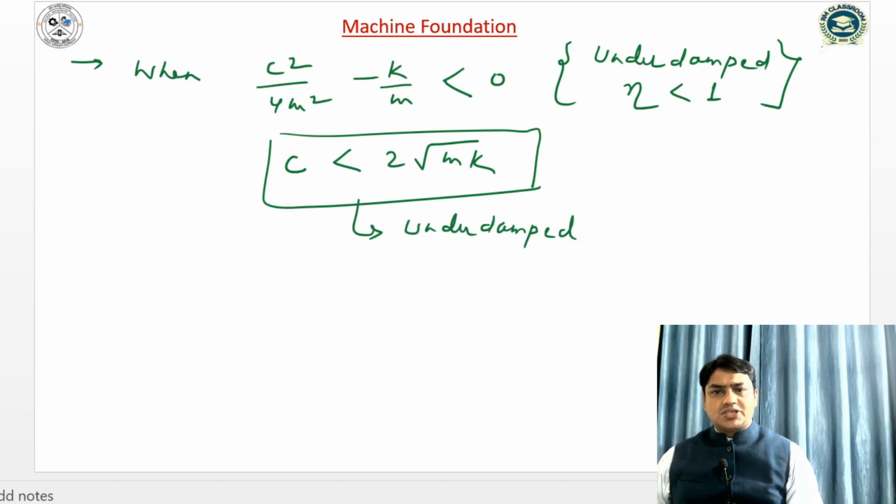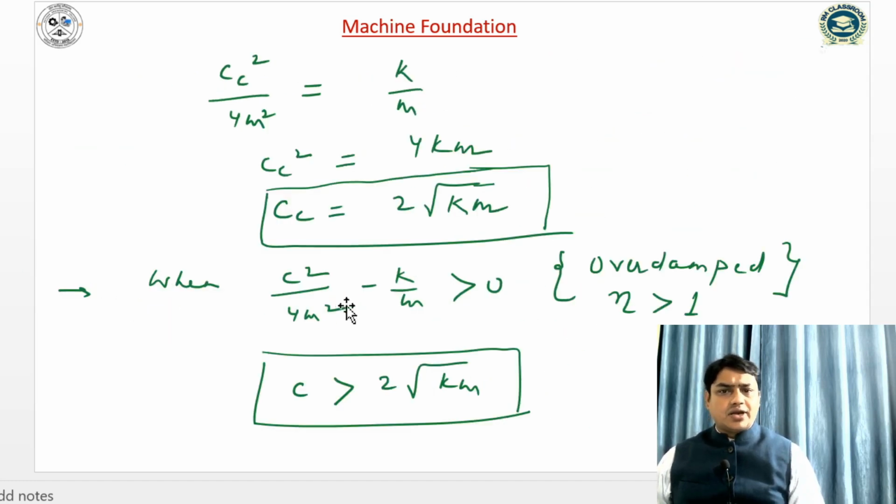So three cases I have discussed. This is the condition for critical damping.